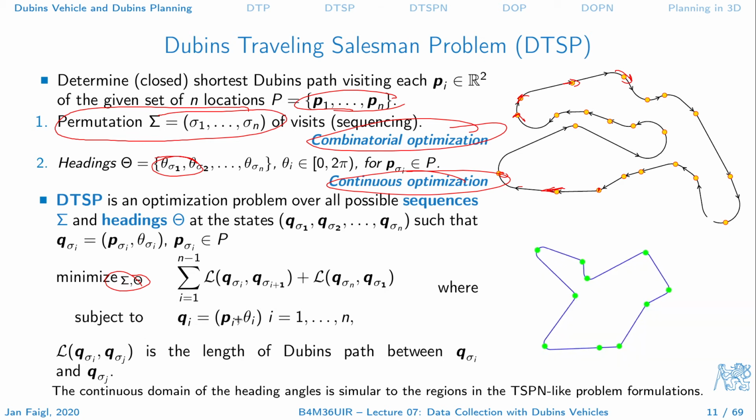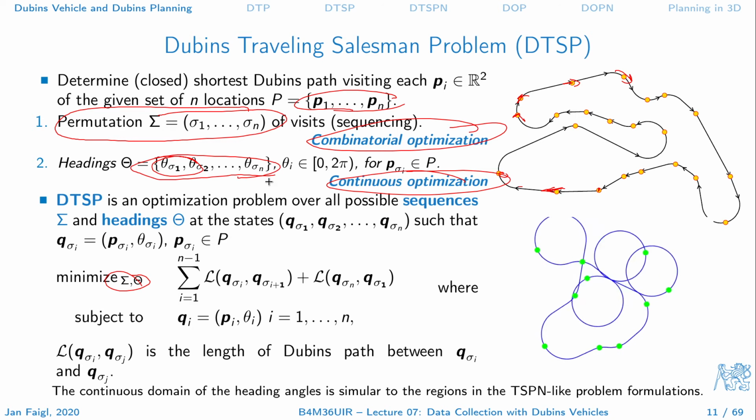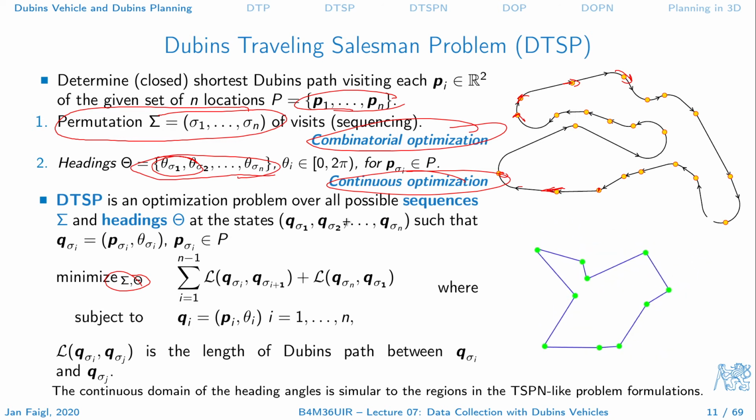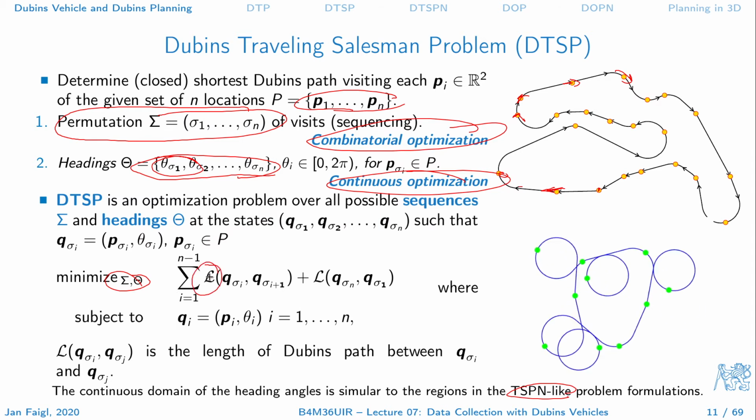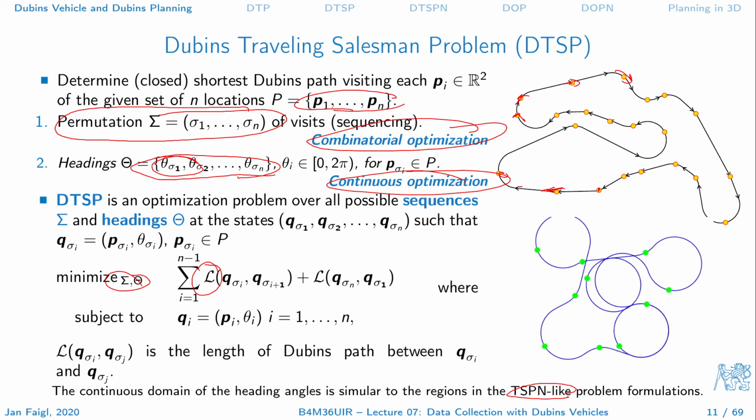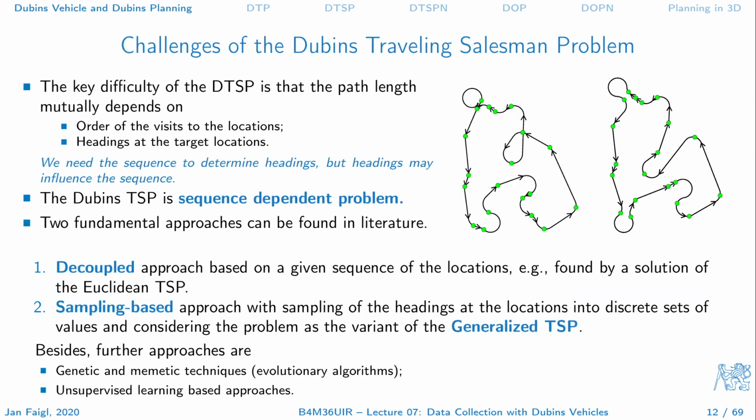And if you don't see it now, just remember that this is a continuous domain. So it is actually very similar to the traveling salesman problem with neighborhoods. Just we use not Euclidean distance as the simplest case, but the length of the Dubins maneuver. So the challenges are related to the fact that this order of visits and headings are mutually dependent.